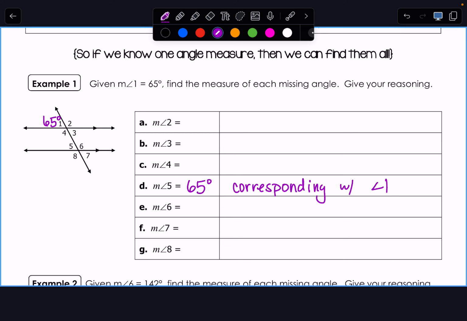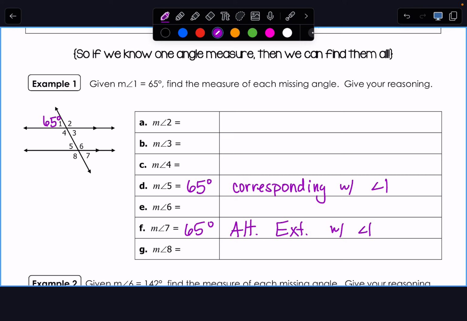Okay, again, I am going to try to use as much of the vocabulary as I can. I know that you can probably whiz through all of these measurements, but can you please stick with me? Okay. What do we know about angle 1 and angle 7? What kind of angles are those? Those are alternate exterior. So we know that angle 7 is 65 degrees because it's an alternate exterior angle with angle 1.